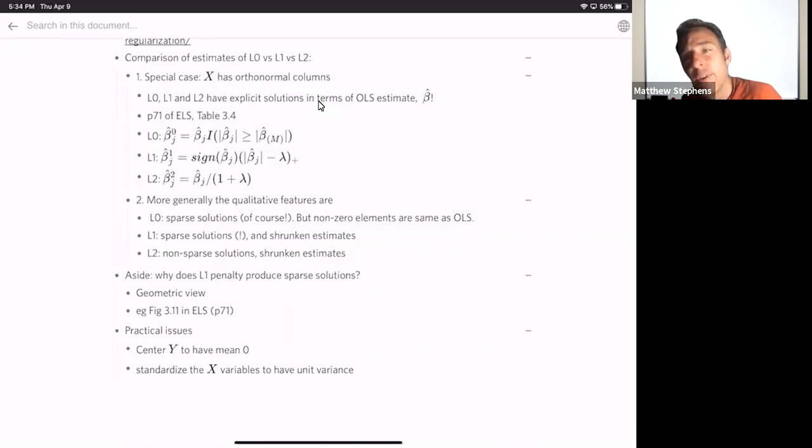The other issue is that in order for it to make sense to constrain the B's in the same way, with these symmetric constraints, adding up the absolute values of the B's or adding up their squared values, the different predictors have to be comparable in some way. And usually that means they need to be on some scale that's comparable.